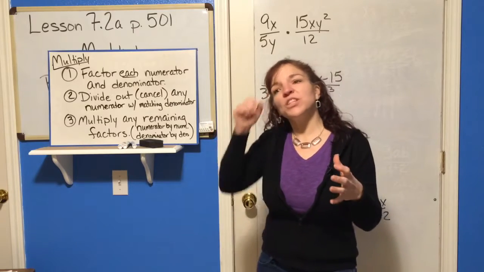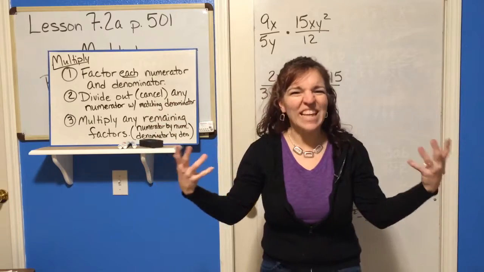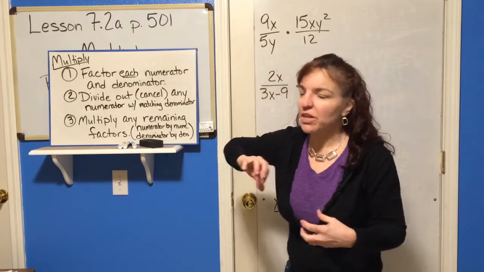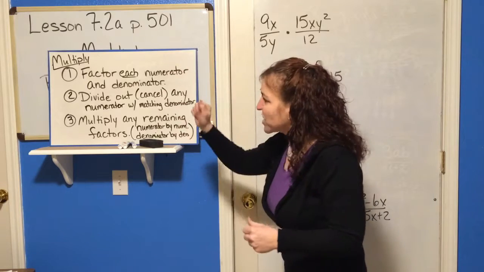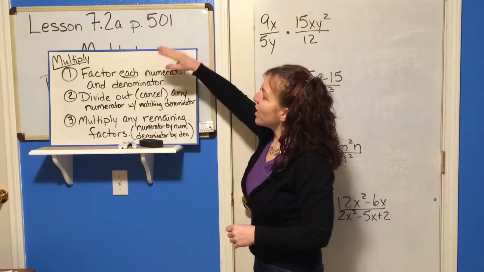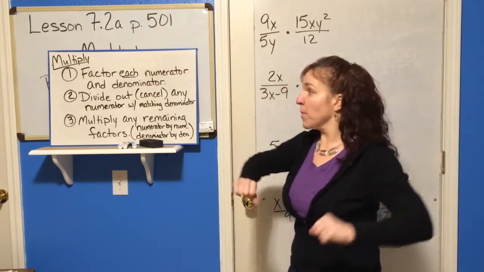So multiplying is really just simplifying a lot of fractions altogether. So the steps are very, very similar. And actually, I didn't even rewrite them. I just erased a few words and rewrote those parts in. So for multiplying, you're going to factor each numerator and denominator in your problem.